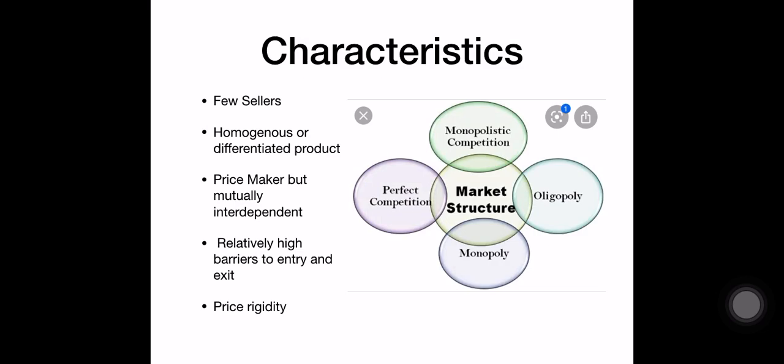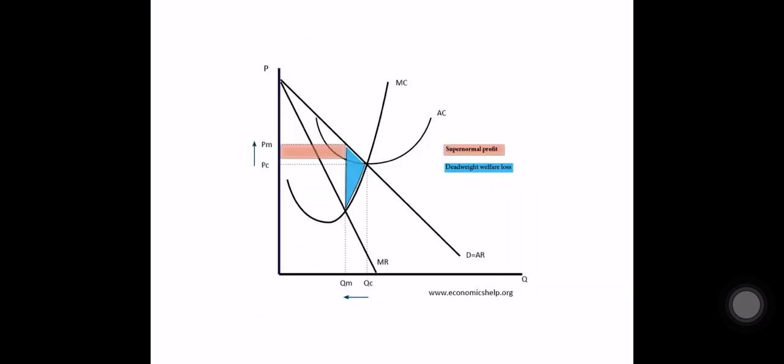There are 2 graphs that are very important under an oligopolistic market, and we will discuss them one by one. This one is when a firm under an oligopolistic market behaves in collusion with other firms.